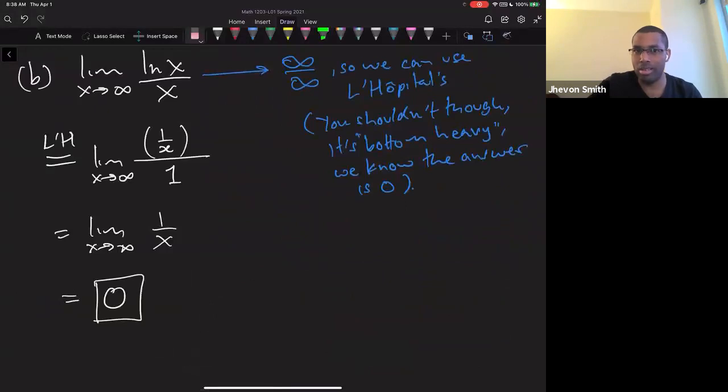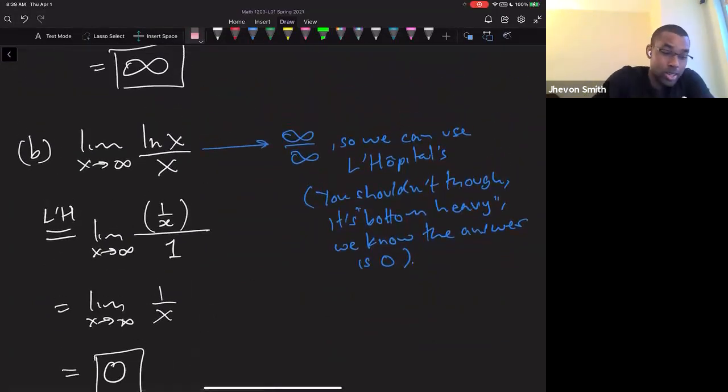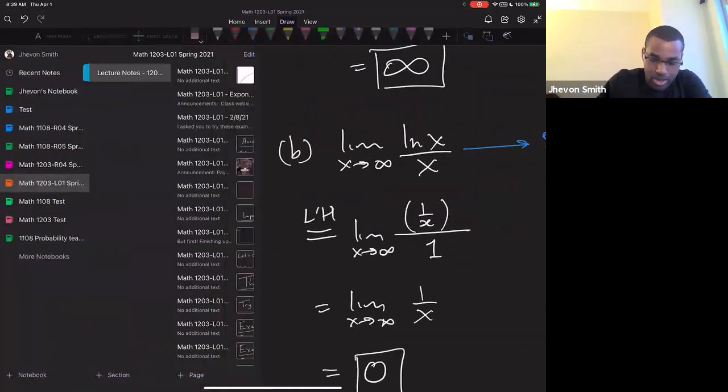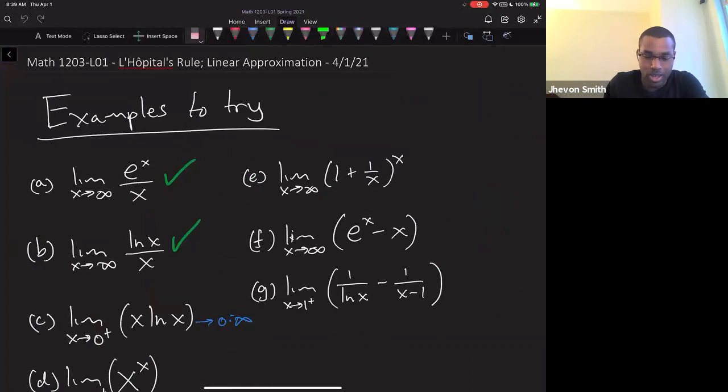You could just say, oh, this is bottom heavy, it goes to 0, and I'd be fine with that. But I just wanted to illustrate with something that you guys kind of know where it was going to, convince you that this is a thing that's going to work out, even though the proper way to convince someone is with a mathematical proof, but that doesn't work in this class, I don't think.